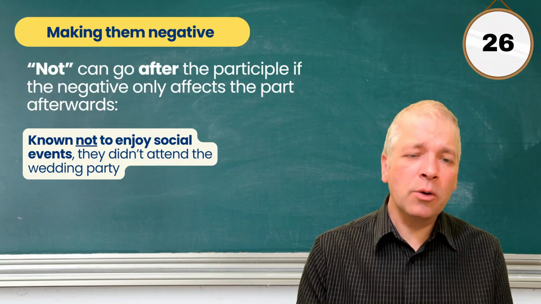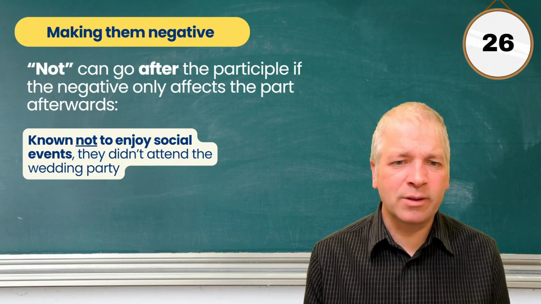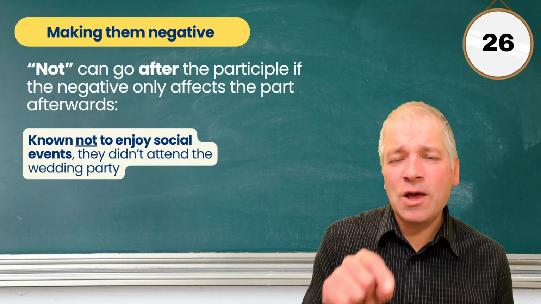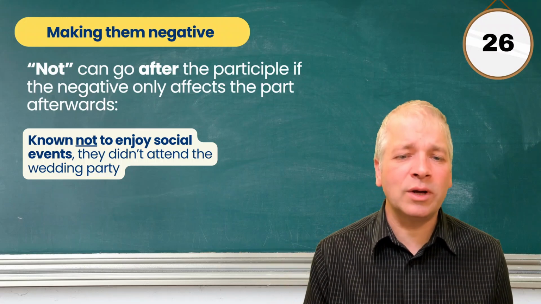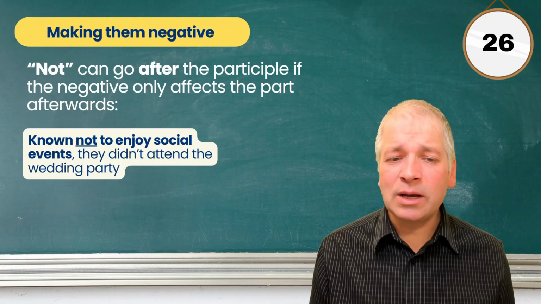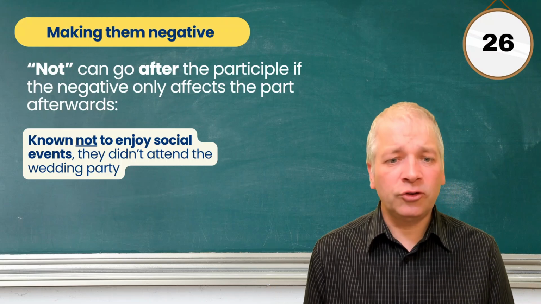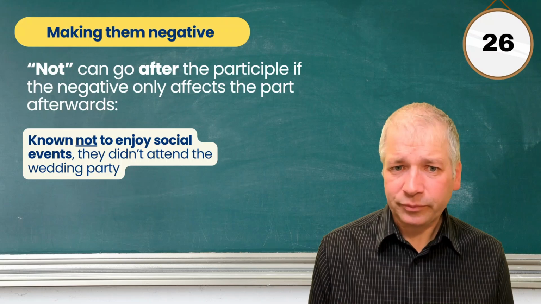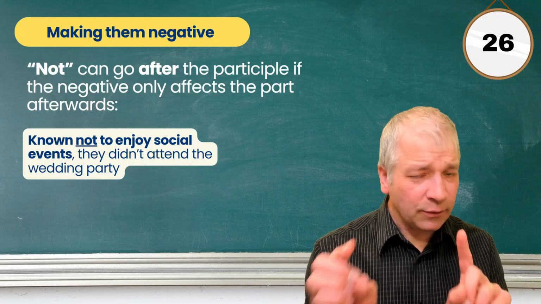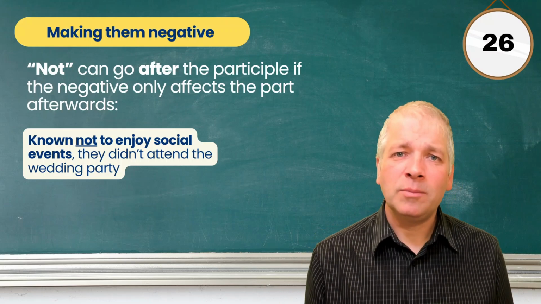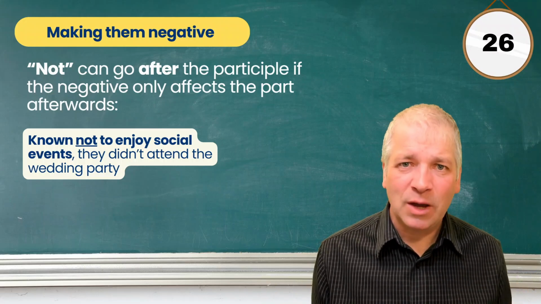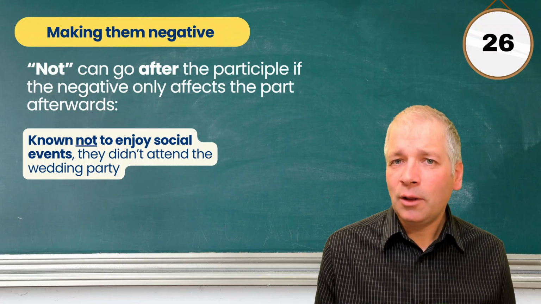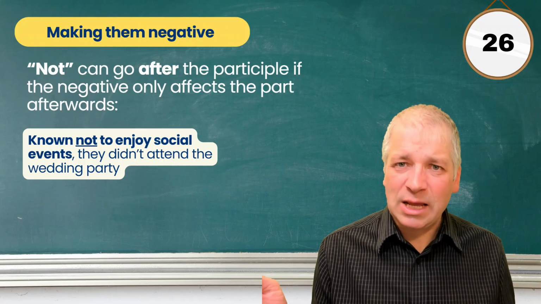We can also put not after the participle if the negative only affects the part afterwards. So instead of saying not known to enjoy social events, we could say known not to enjoy social events. So see the difference here. Not known means there is no existence of knowing. Knowing doesn't happen. If you say not known, then you don't know anything.